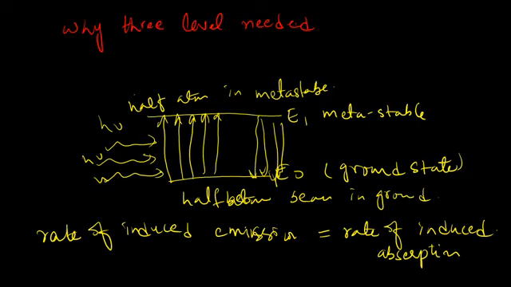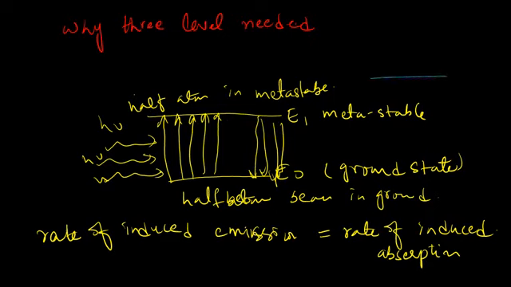So this assembly can never have more than half of its atoms in the metastable state. In this situation, laser amplification cannot occur. So we cannot achieve population inversion in the case of two levels.